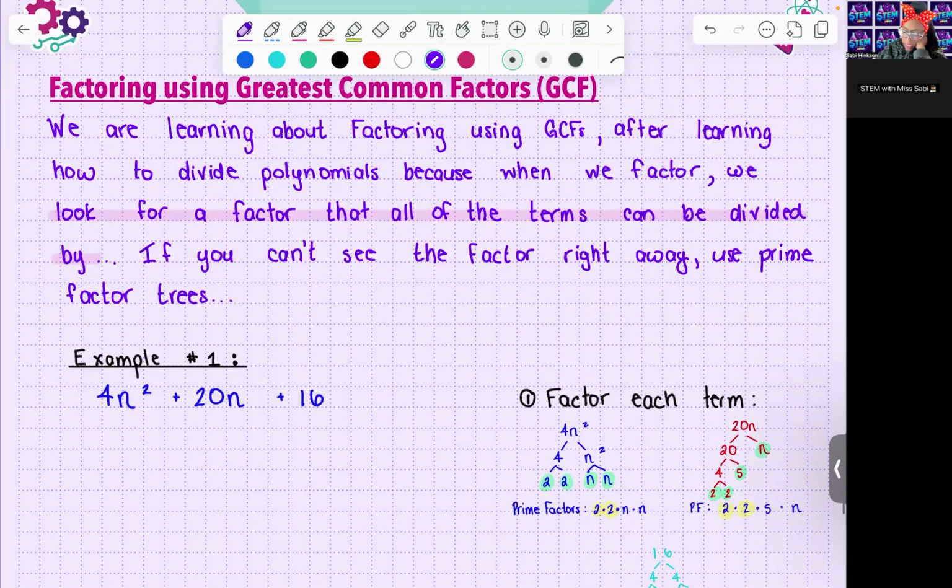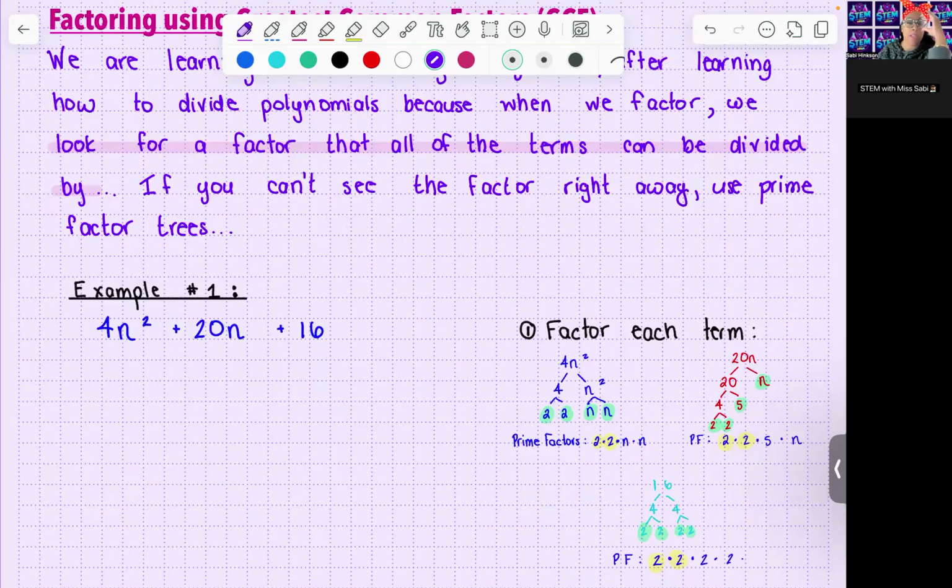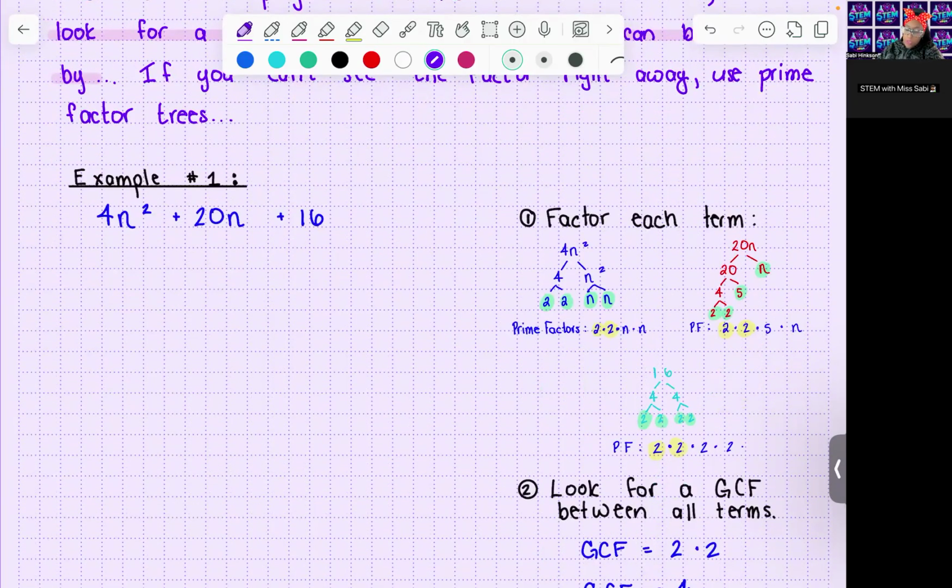So if you can't see right away, like right away when I look at this, I'm like, oh, I can take out a 4. But that's because I'm used to doing this. But if you are not used to doing this and you're looking for a GCF, just factor what you have into factor trees. So this is 4, then you have n squared. This is n times n.